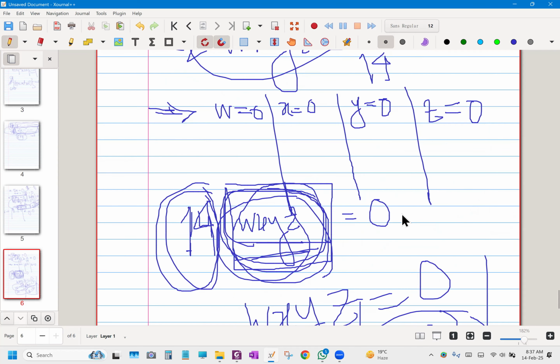You cannot write 14 equals 0. That is not the solution, because that is not logic.